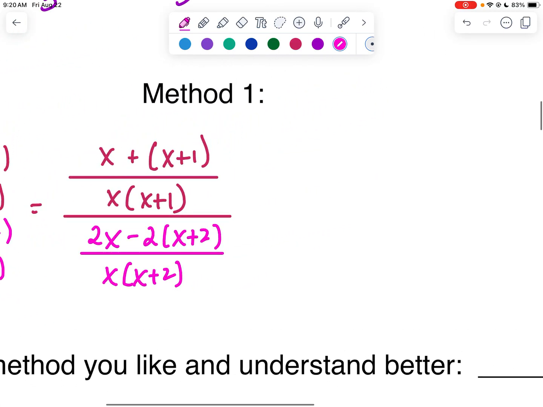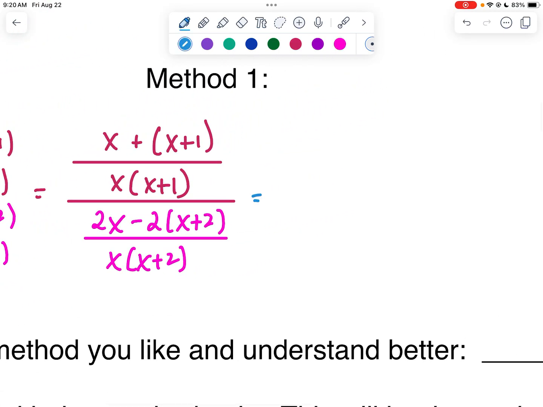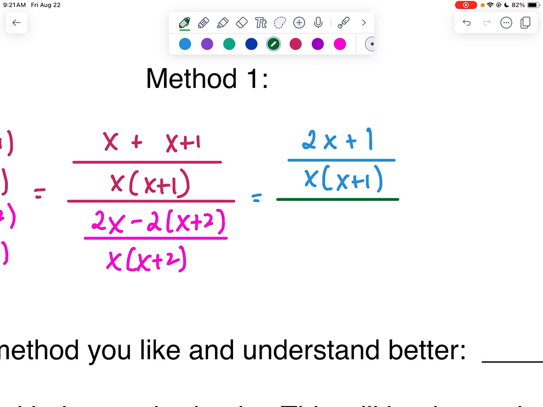All right, this is what we have. It's a big whole mess. I can go and combine stuff. I can technically drop my parentheses, and I can combine the x's, so it becomes 2x plus 1 all over that denominator of x times x plus 1 all over.